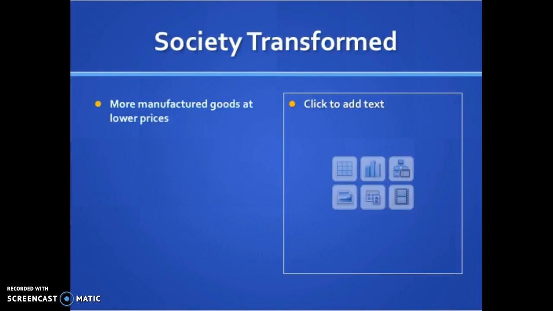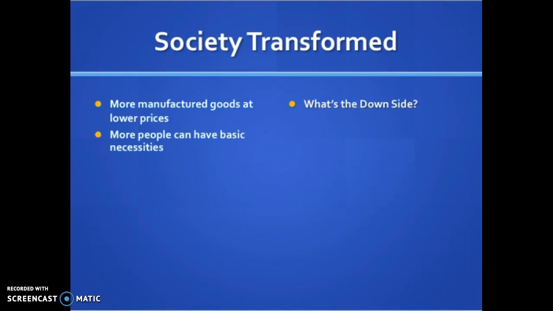Now, this is going to transform society. As I've said, really, the Industrial Revolution will completely transform society because not only will it allow for a population boom, not only will it allow for the creation of more stuff, it's going to completely reshape Western civilization. How? Well, one thing is simply the fact that the Industrial Revolution makes it possible to produce more manufactured goods at lower prices.